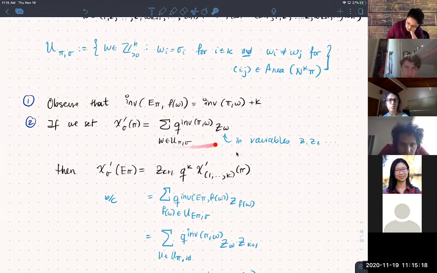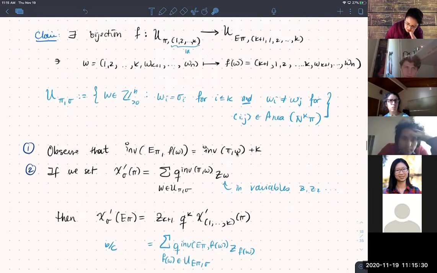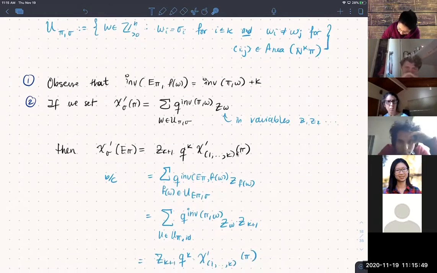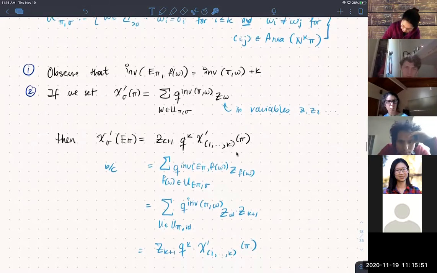All I'm doing is I'm basically in this formula substituting pi for e pi, w for f of w, and then now I'm summing not over my set here, but I'm using my bijection to sum over words here, right? So it's basically just transplanting or substituting everything in this formula for what it should be. Then this becomes this equation because the inv is just this plus k, right? Did I lose a k? Yeah, I probably lost a k here.